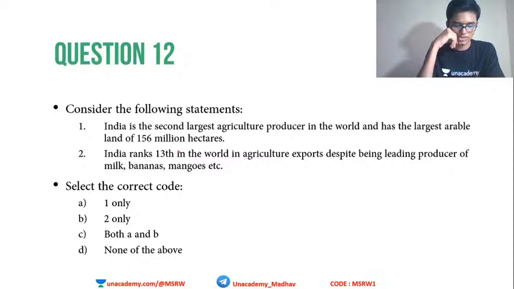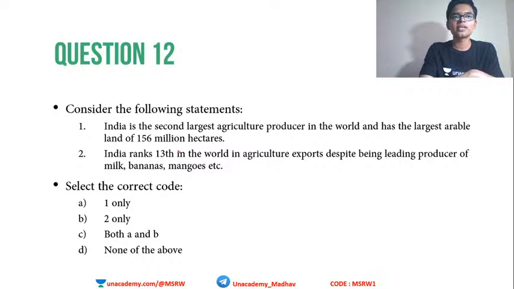Confused about two options and go with the wrong one. That always happens, Nilam. While you're doing the elimination method, it is easy to eliminate the first option. Then we have three. And also, by some logic, we can eliminate one more. But in the end, it comes to 50-50. When it comes to 50-50, the thing you have to keep in mind is, unless you are sure that one of the statements is wrong, don't go for it.